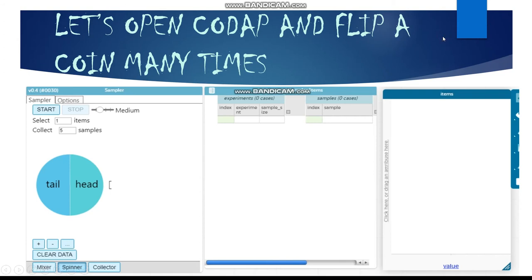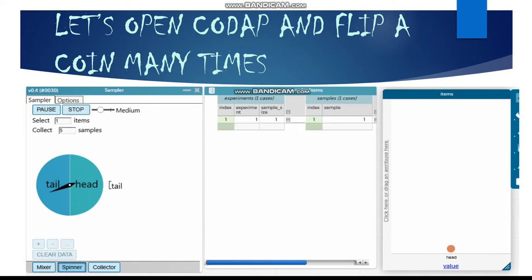Let's open CODAP and flip a coin many times in order to solve our question. In order to find whether getting head and tail have equal chances when we toss a fair coin or not, we will use this CODAP. In CODAP we have a spinner which collects data randomly, and let's start with 5 samples.